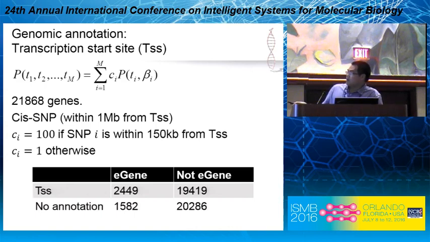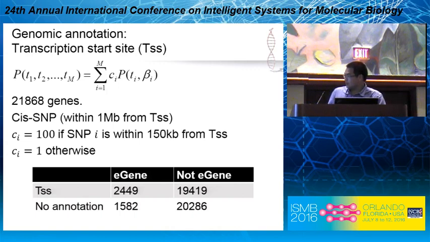The only task is to find Ti, and once you find Ti, you can do a hypothesis test to see if the gene is an eGene. We test this, and we find that out of about 21,000 genes, by using transcription start sites as the annotation, we find about 1,000 more potential eGenes.